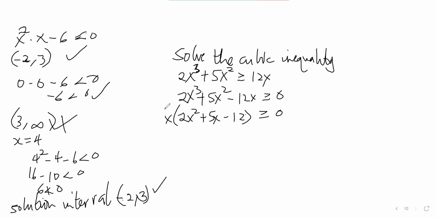It will have 3 factors, 1 coming from this one and 2 from here. So when you're writing your intervals, they will be 4, not 3, starting with negative infinity to positive infinity. There will be 4 of them. So factorize this, then you have 3 factors as opposed to 2 for a quadratic. When we solve them, we test the way we have tested and find the solution intervals.